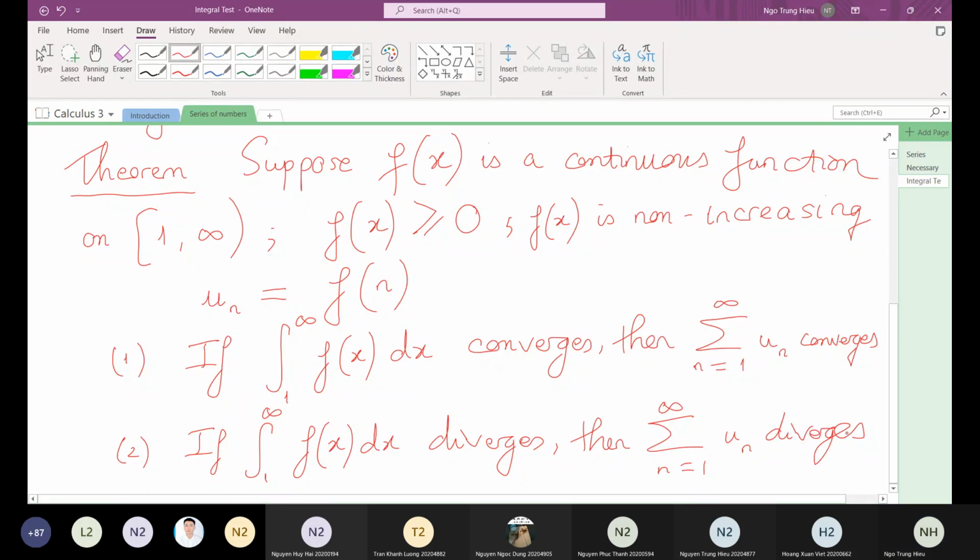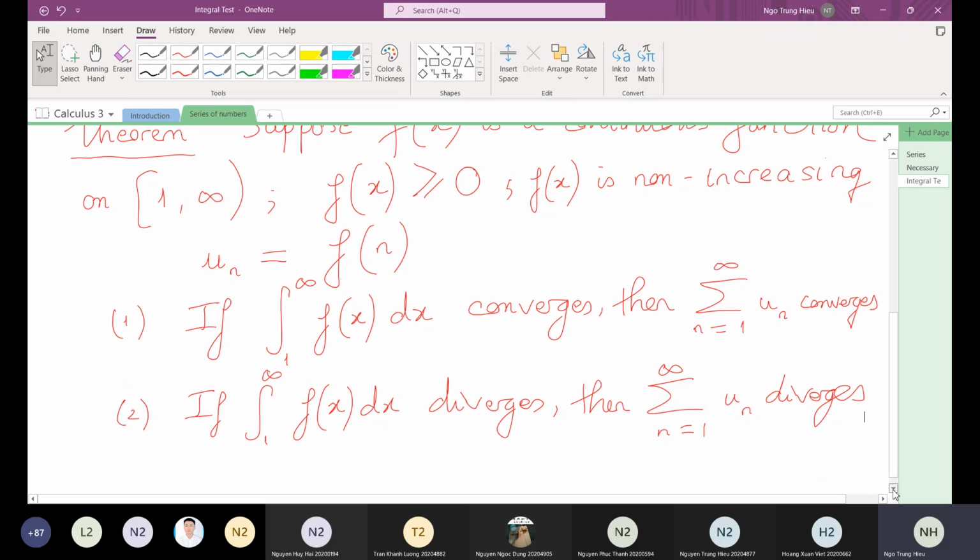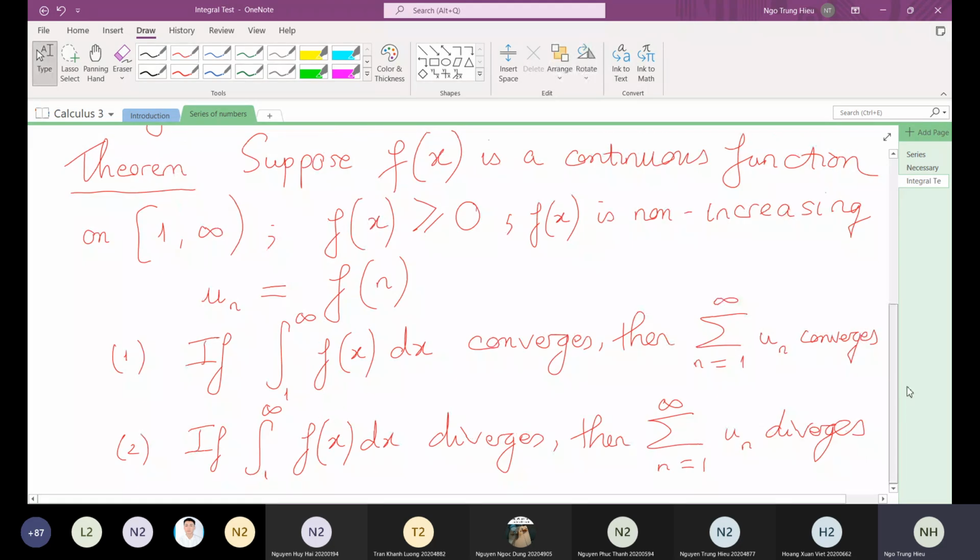So if the individual terms are formed by taking the value of a function which is non-negative, then we can use the integral test.